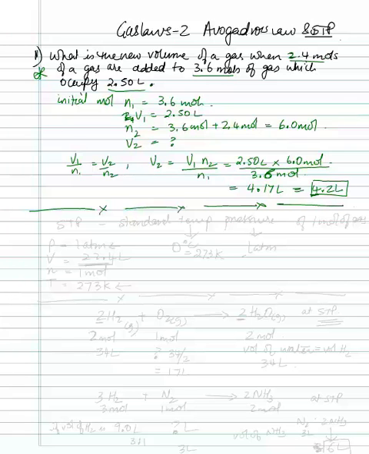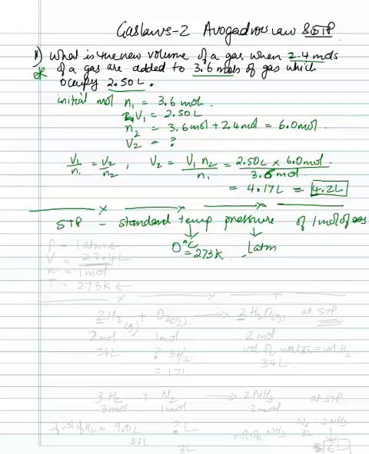Now, a little bit about STP. STP is standard temperature and pressure, and this is going to be of 1 mole of gas. Standard temperature is 0 degrees Celsius, which is also 273 Kelvin, and pressure is 1 atmosphere.